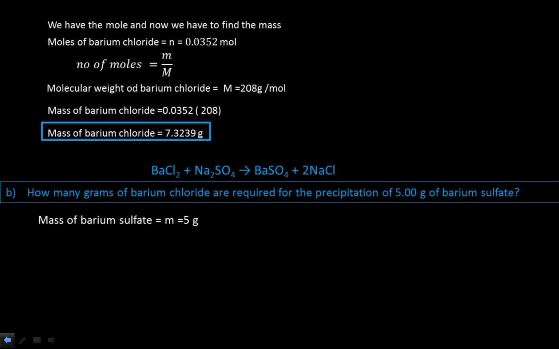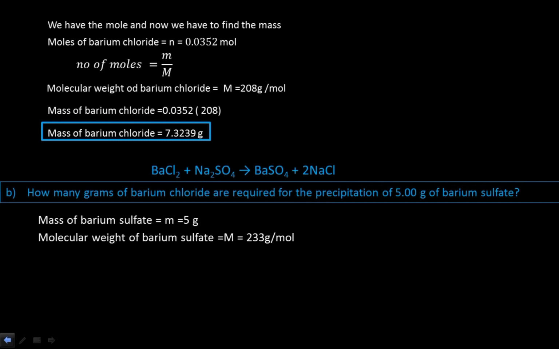Here is the same procedure. This is given in grams to us, and we need to convert it into moles so that we can further continue with our stoichiometric calculation. So we know that the molecular weight of barium sulfate is 233 gram per mole.